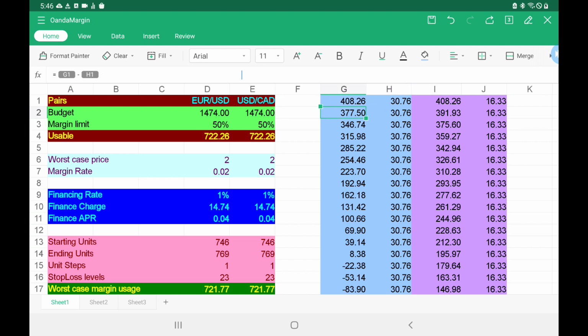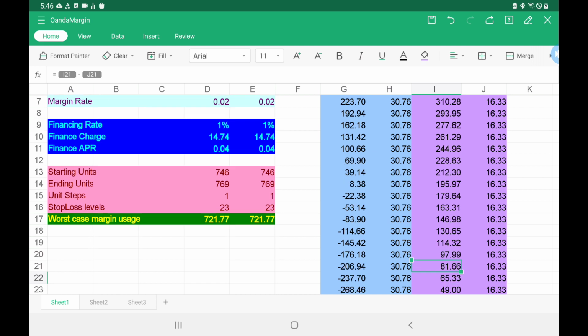And it's important to pay attention to why these change. Notice here, we go negative on the 15th position. But really, because of the actual numbers, the actual worst case that Oanda calculates, we are perfectly safe.